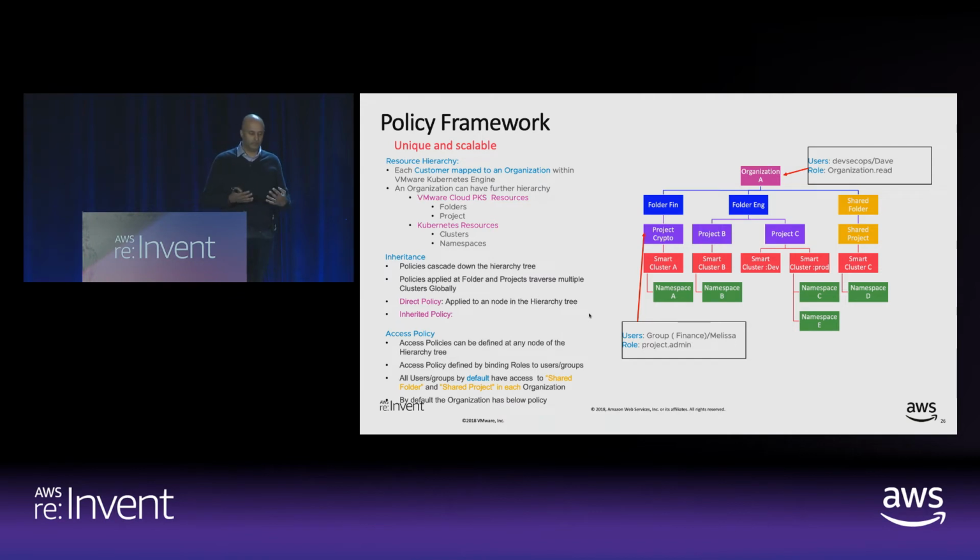So one of the things that we've developed inside of this service is this policy framework that's a hierarchical policy management framework. What that allows you to do is to set up different projects within an organization, set up different folders and projects, and the clusters are attached to those projects.